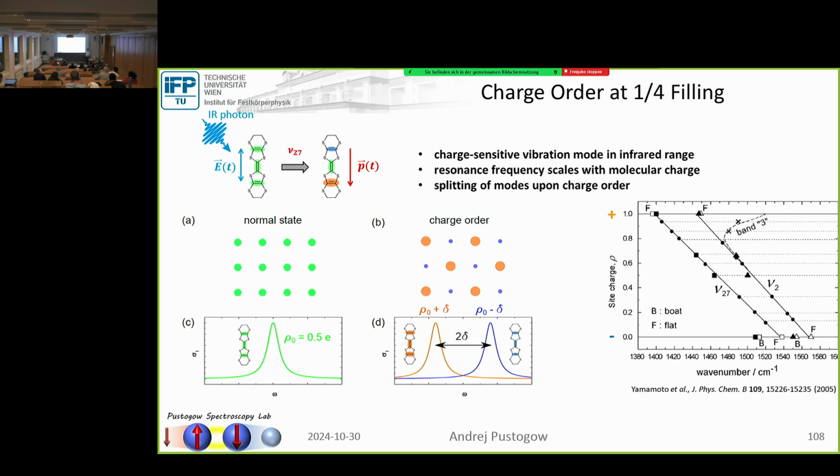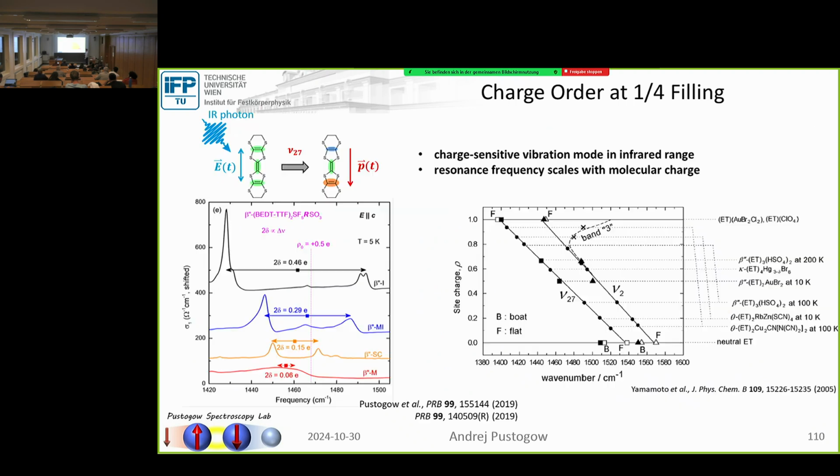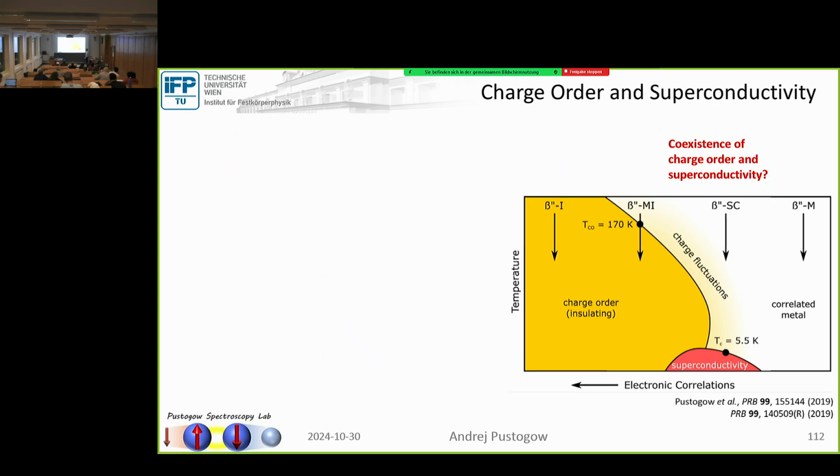So you can quantify how much charge you have on each lattice site. And if you do it properly, you can measure the spacing between the different peaks. So one molecule has an ionicity of half an electron, another one of a third electron, another one of even less. And here you have, therefore, a lot of ionicity, and here you have almost no ionicity, and you end up in a metal. And if the critical value of ionicity is reached, you have this metal-insulator transition.